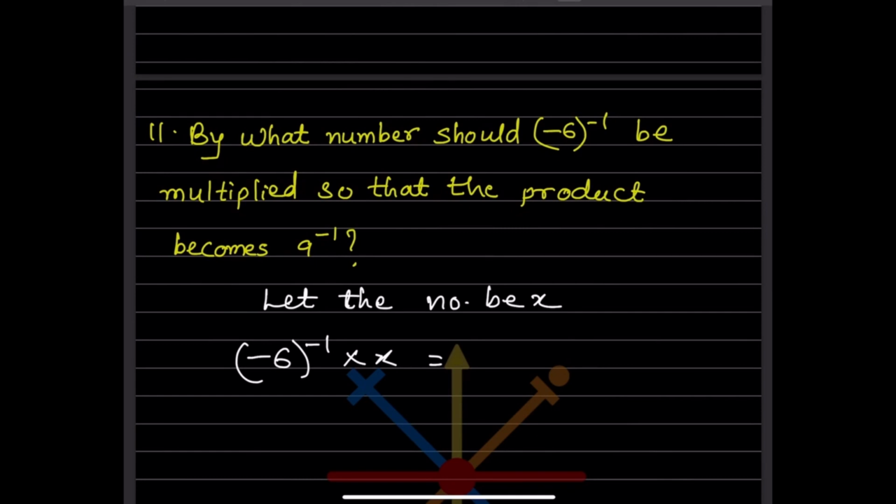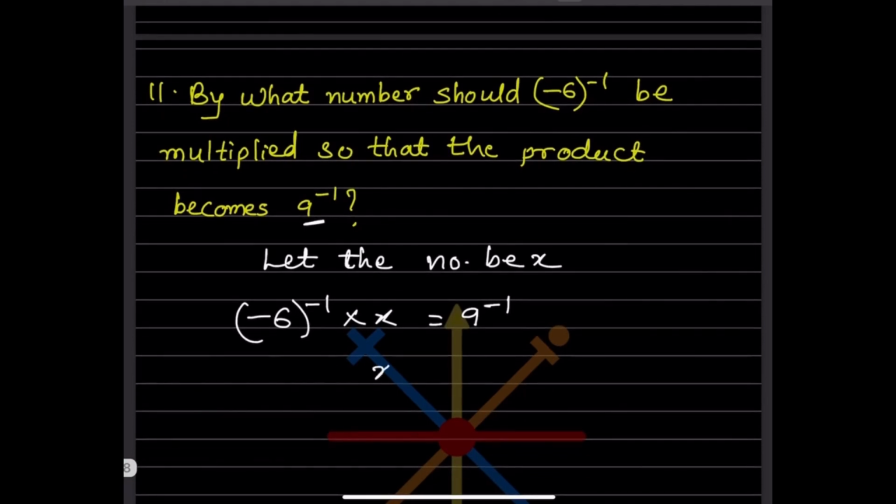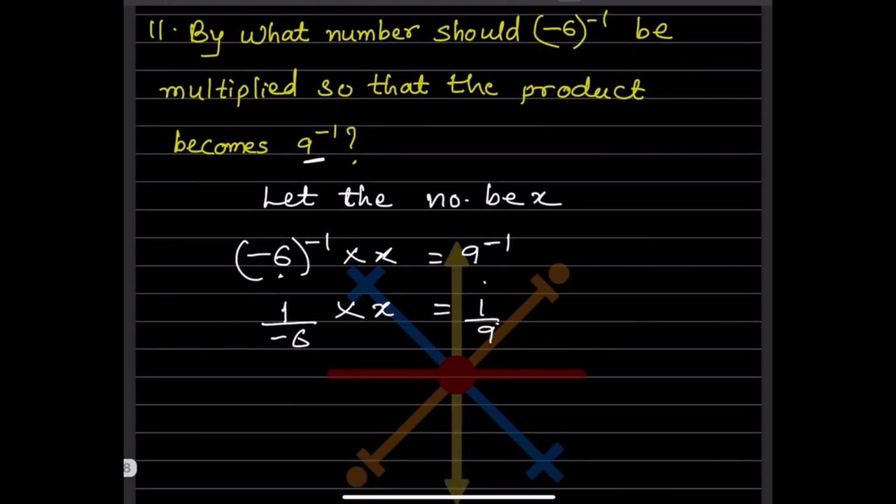And the product becomes 9 raised to minus 1, which means this is equal to x. You can write this one as 1 by 9. Here you can write 1 by minus 6 into x is going to be 1 by 9, and then it becomes easier.